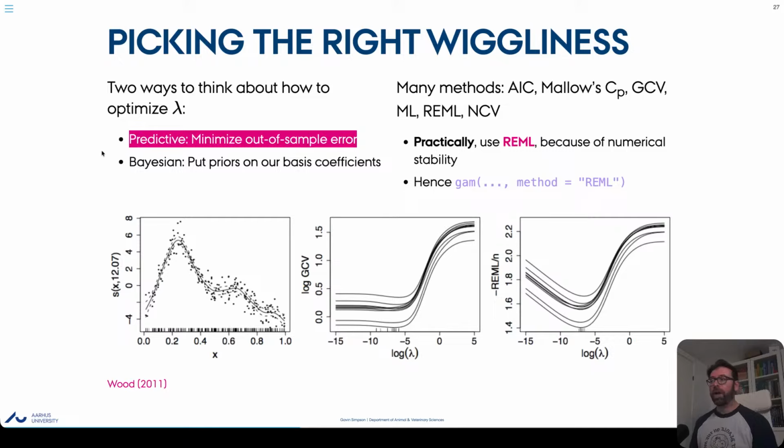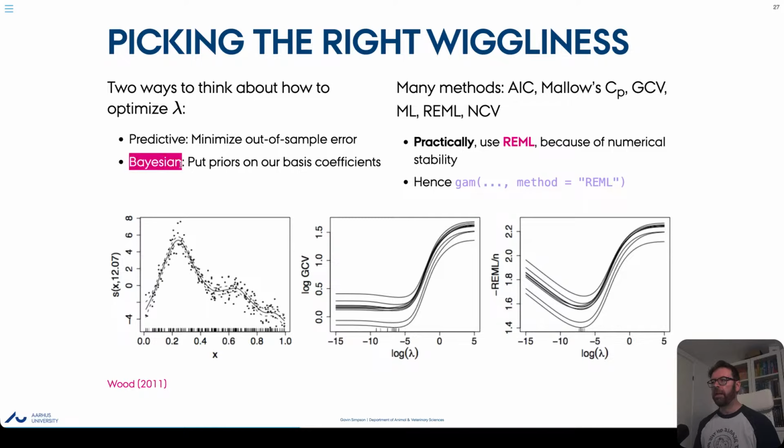An alternative way of thinking about this problem is to be a Bayesian. If we think about this process of smoothing from a Bayesian perspective, and put priors on all of our basis coefficients, then we can think of a criterion that we would minimize that would give us some optimal fit.